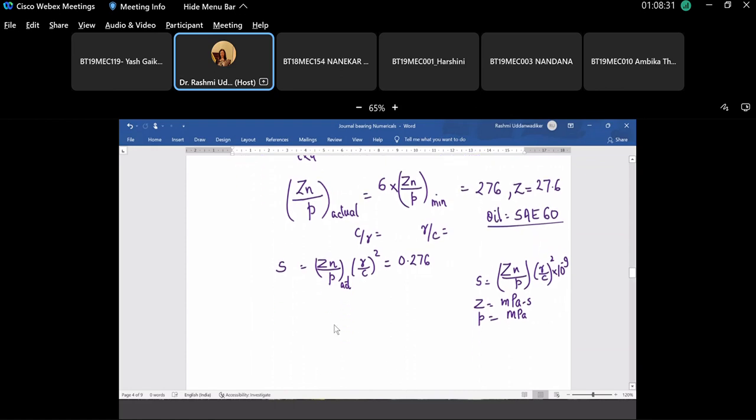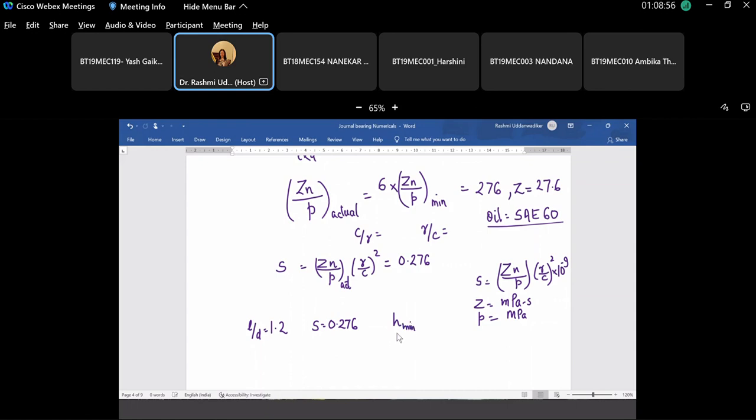Okay, so moving back to the Sommerfeld number, we have to again check if this is running hydrodynamically. So for L by D that we have assumed as 1.2, for S 0.276, for hydrodynamic condition, we have to find out what H minimum is.